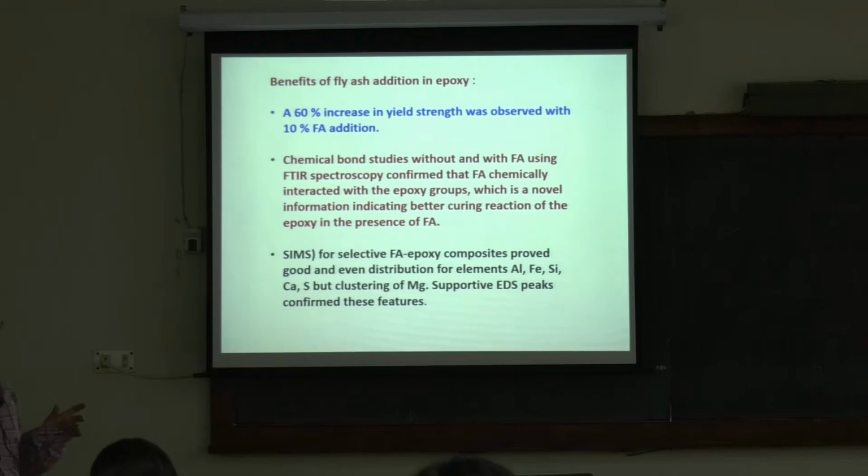So it is worthwhile using these things, so even before you do testing, if you do the SIMS and things, you can give a prediction that those which have clustering might cause some lowering of strength. All right? So that is what it can show.